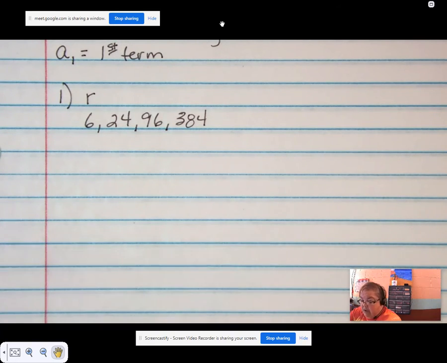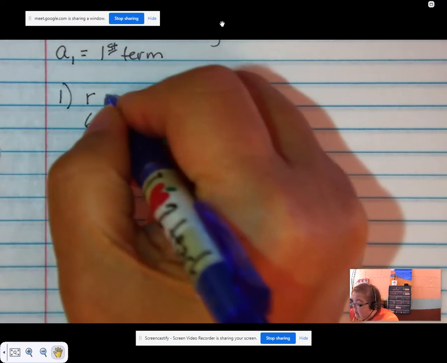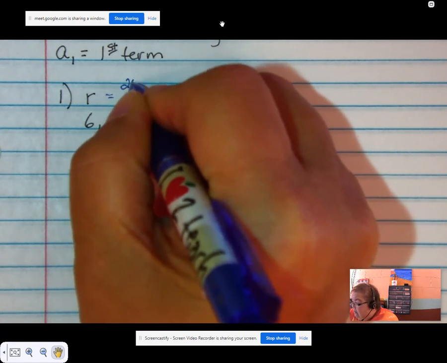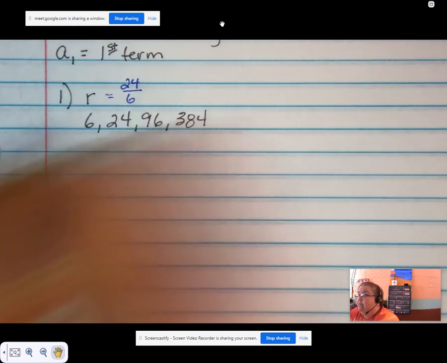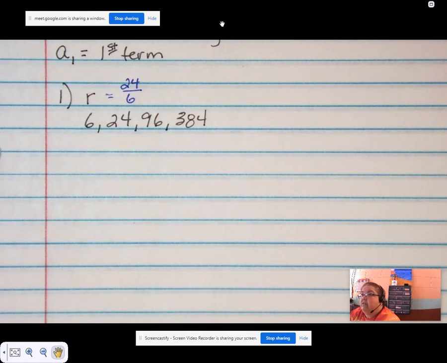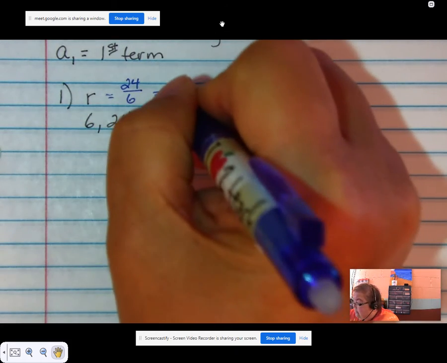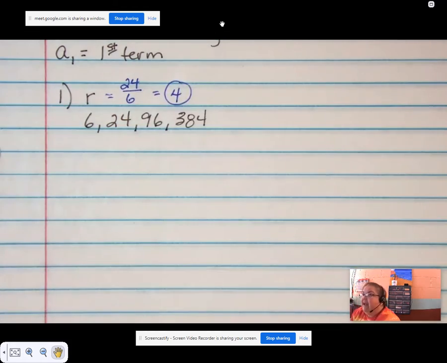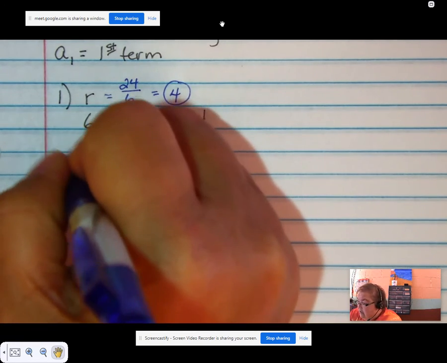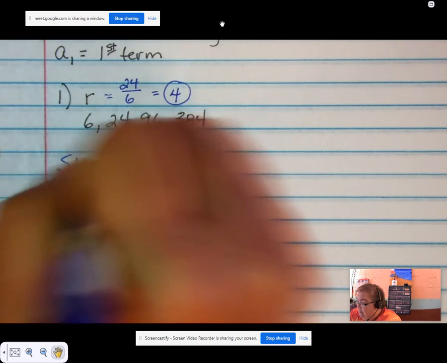And what is the common ratio? Well, it is the second term divided by the first term. 24 divided by 6, and that's going to equal what? So that is my common ratio. Now listen to these directions. What is the sum? So I'm going to need to find the sum.